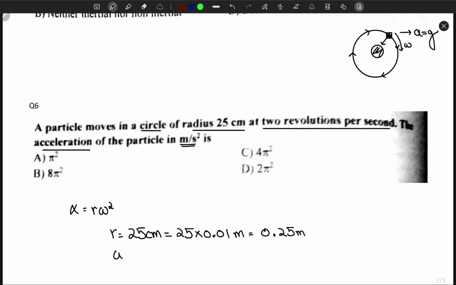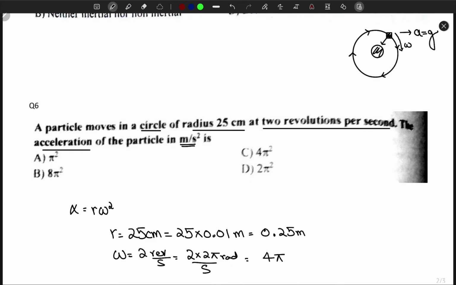So omega, which is 2 revolutions per second, is simply 2, what revolution is just 2 pi, so we'll just multiply 2 pi, and that would make it radians. One rev is 2 pi radians, and then we have seconds, so we don't need to convert from seconds to anything because we're asked in meters per second squared. So that's this, and this makes it 4 pi, right?